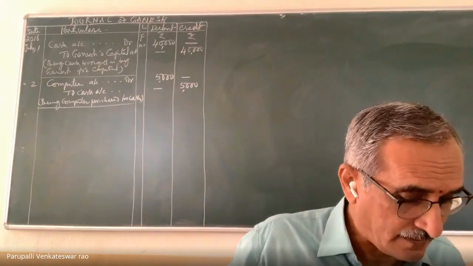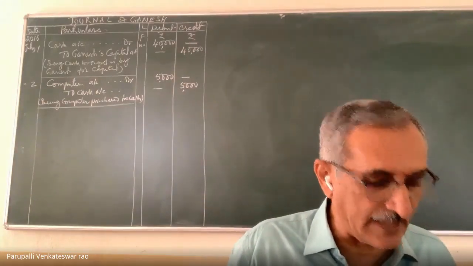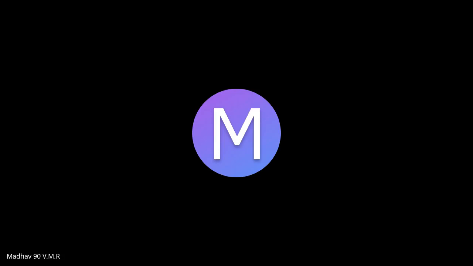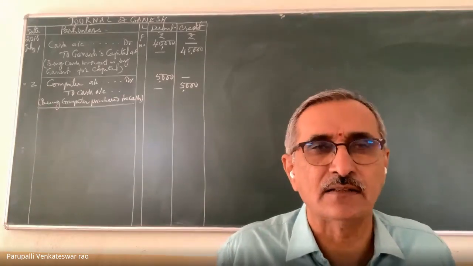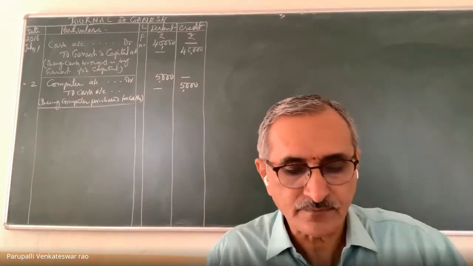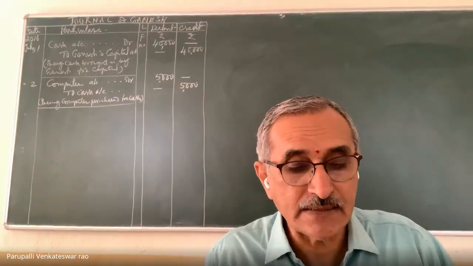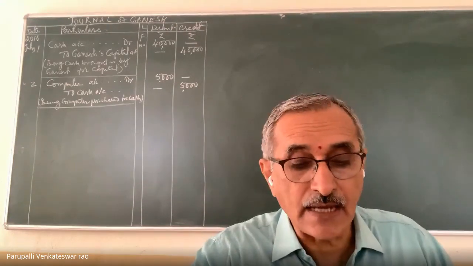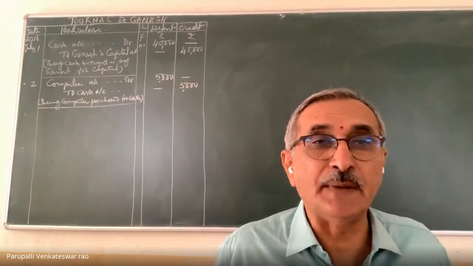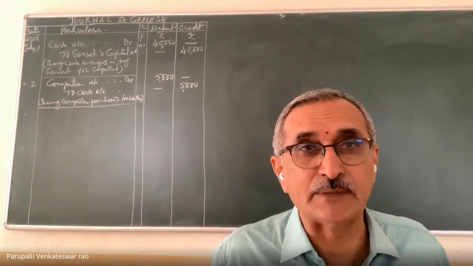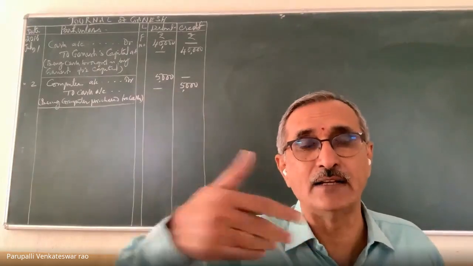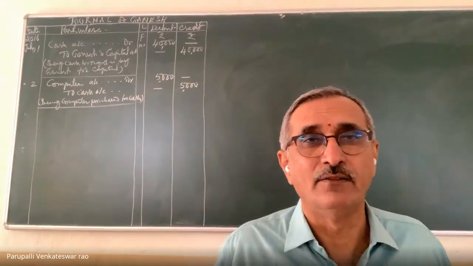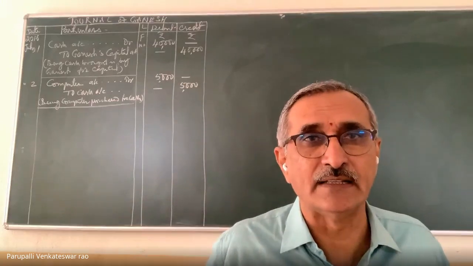Next one, paid for printing 900. Printing expenses account debtor to cash account. Printing expenses account debtor is expenditure, so it is debited. Nominal account, expenditure is to be debited. For printing letterheads, invoices, papers, books, we do printing.